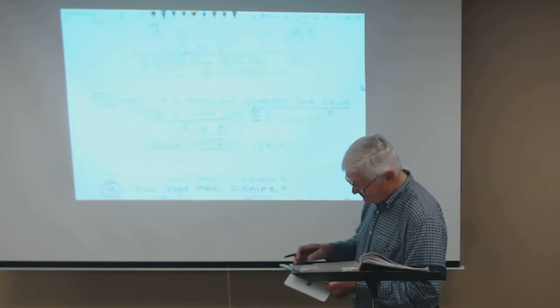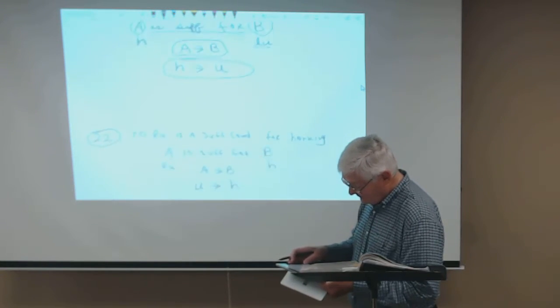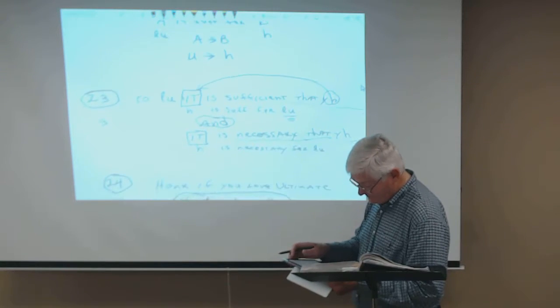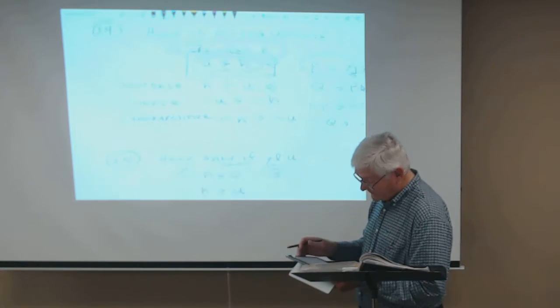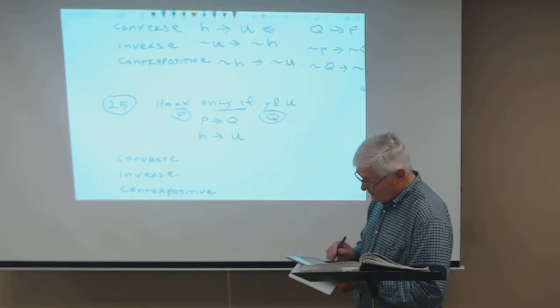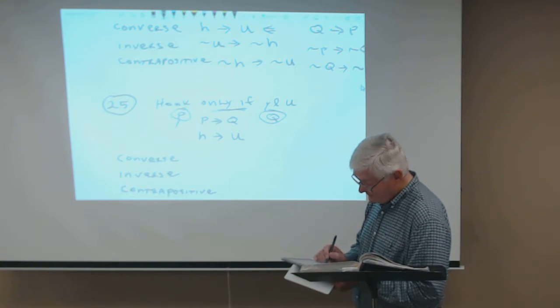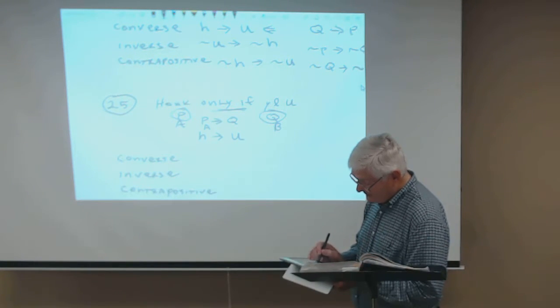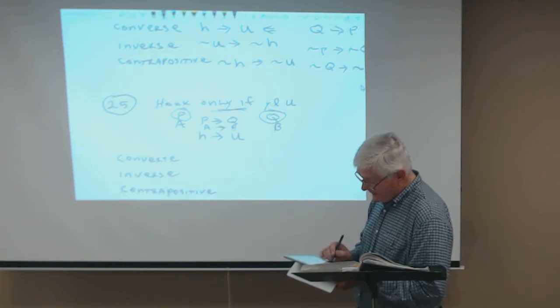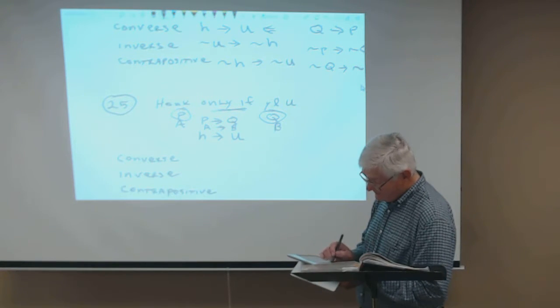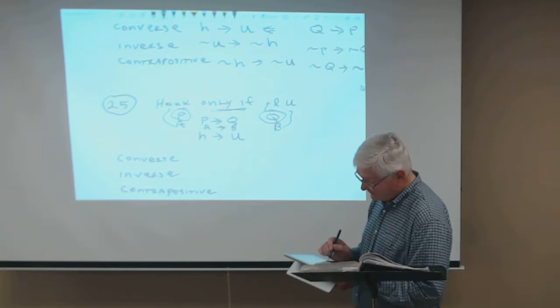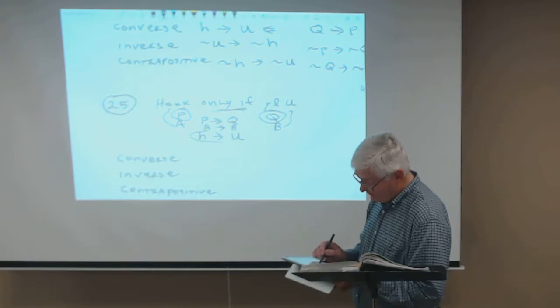So back down to number 25. A only if B is equivalent to if A then B, and A is honk and B is you love ultimate. So if you honk then you love ultimate.